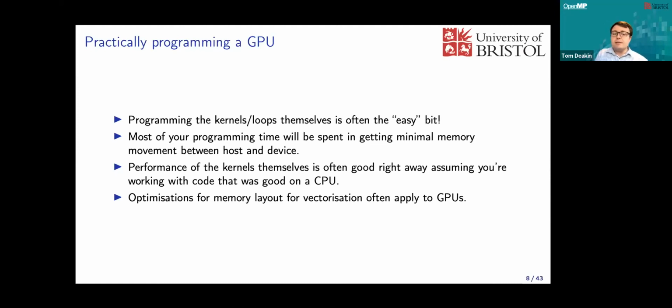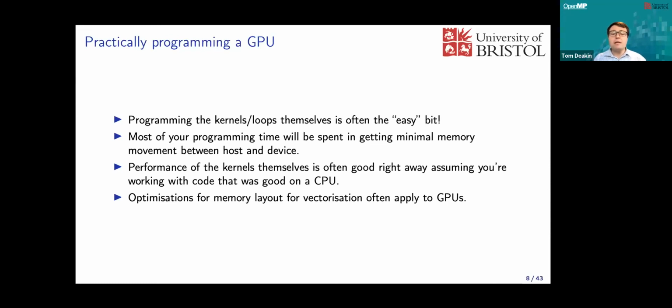As I just said, a lot of the reasons for this are that if you have already got a highly optimized CPU code, and you found lots of parallelism, mapping that onto the GPU in terms of the parallelism is quite straightforward. And also all those optimizations, some of which I talked about this morning, particularly around memory layout for vectorization, often apply to GPUs in exactly the same way.